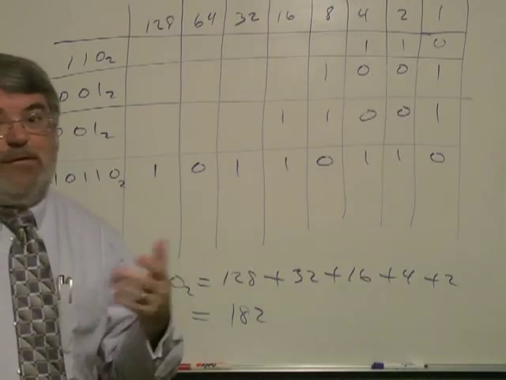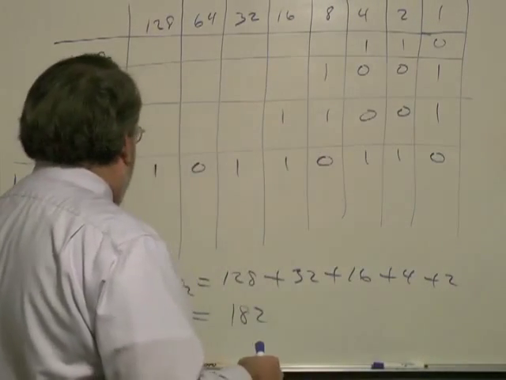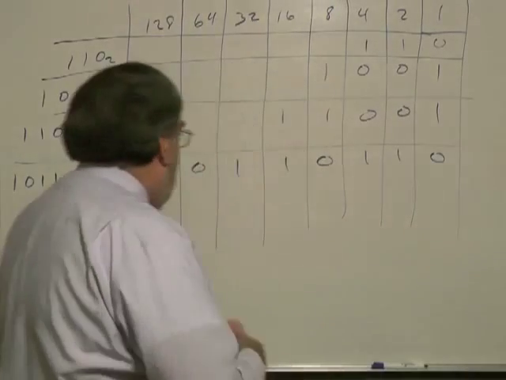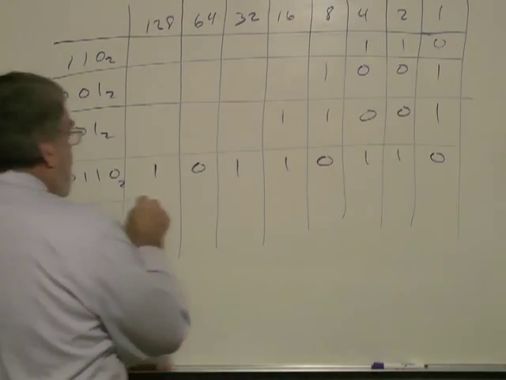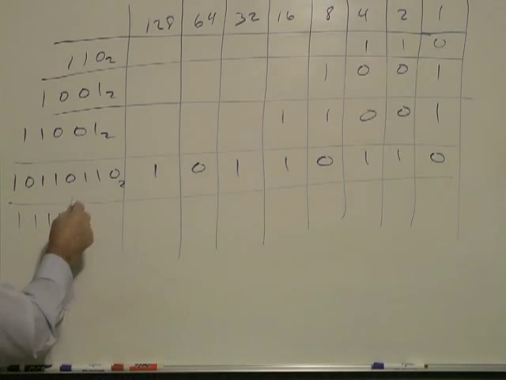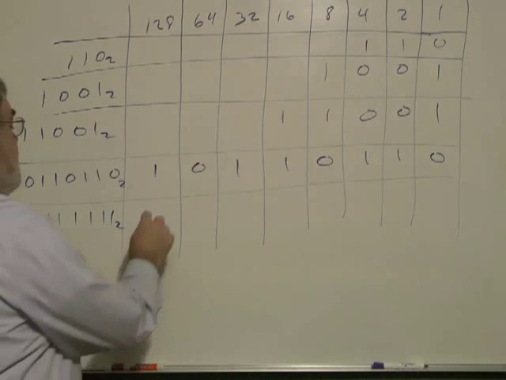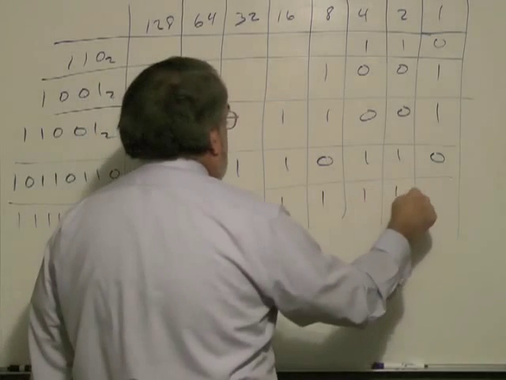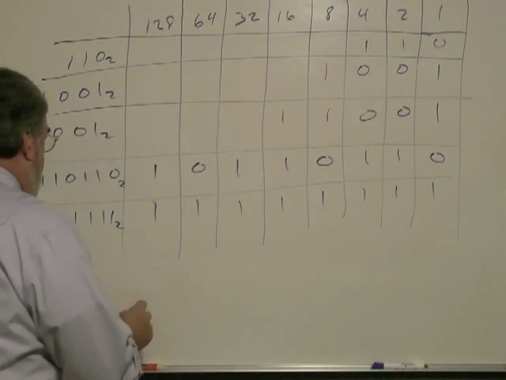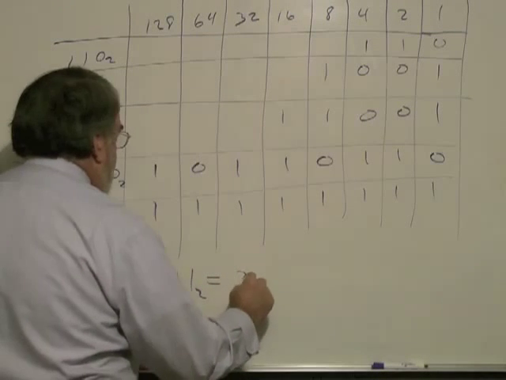Now let's try, what's the largest number with a byte of information? Okay, 8 bits equals 1 byte. So the largest possible number you can come up with in 8 places is nothing but ones. 1, 1, 1, 1, 1, 1, 1, 1. So add that up and it equals 255.